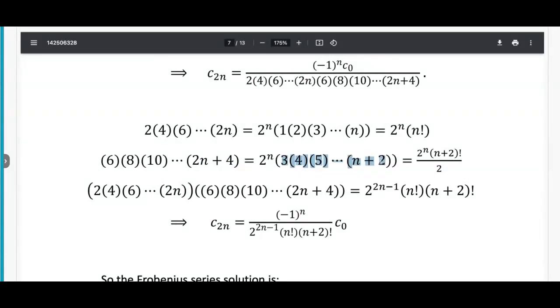And this one we can count. That's n plus 2, since n plus 2 minus 3 plus 1 is still n plus 2. Then divided by 2.